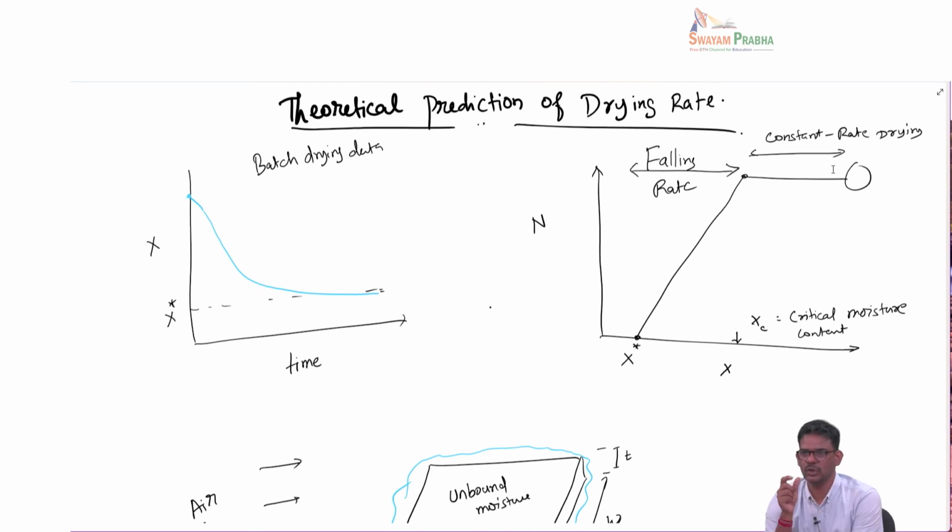That sensible heat I have also ignored, because if you look at the total heat requirement, the latent heat requirement is far greater than the sensible heat. So I have assumed that to be negligible. But these are all assumptions. Like I said, you can extend this theory to even more sophisticated conditions, but this is a UG class, so we want to keep it as simple as possible by making these assumptions.